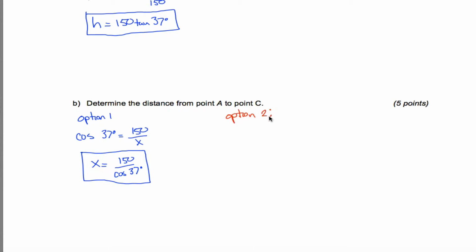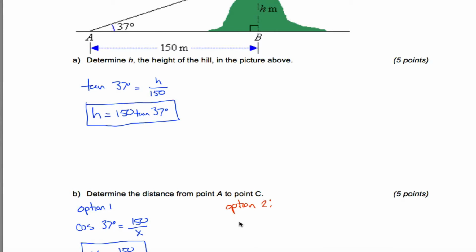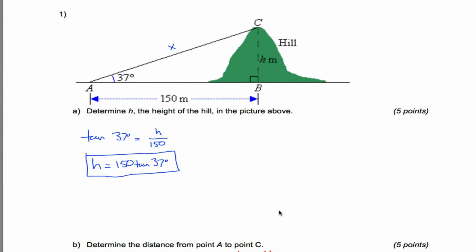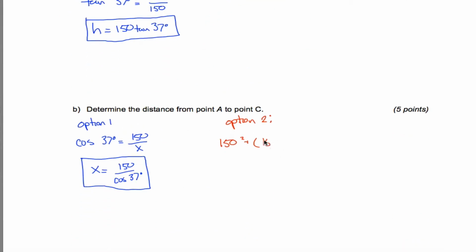You could use the Pythagorean theorem. A, 150 squared, plus B, the height, which I figured out here to be 150 tangent of 37 degrees, squared, must be equal to x squared.